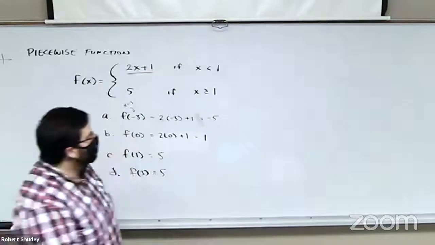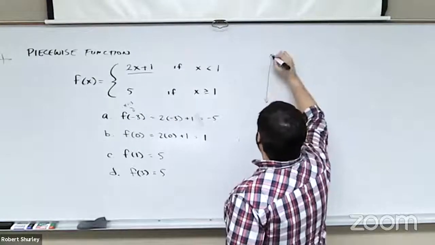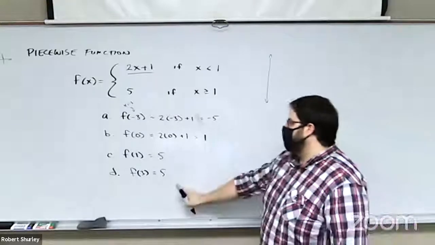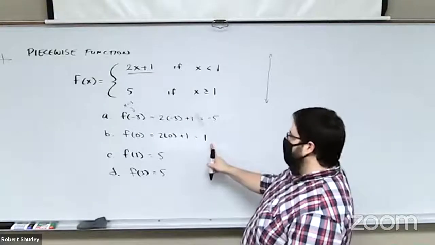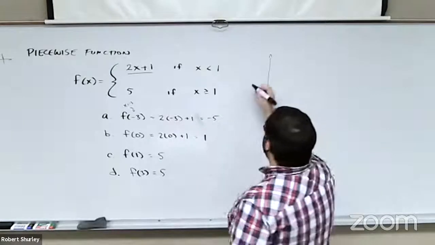Let's graph this to kind of see what's going on here. Now we've got y values that go from -5 to 5 and x values that go from -3 to 3. Okay, this won't be too bad.